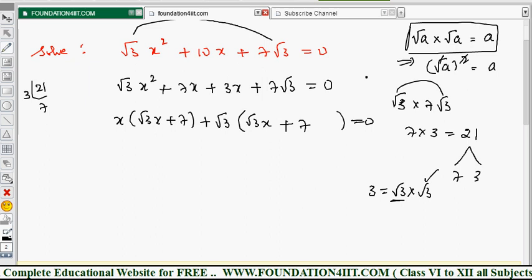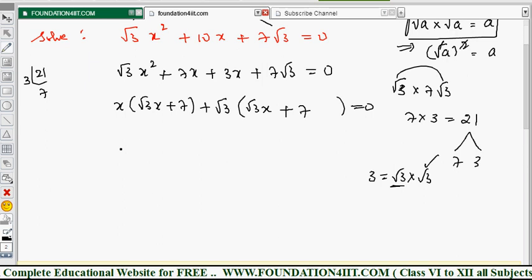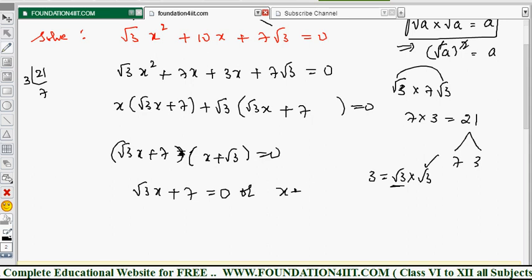Now the problem is simple. Just take root 3x plus 7 is equal to, okay, this is two terms, and one more is x plus root 3 is equal to 0, by using the zero product rule. So root 3x plus 7 is equal to 0 or x plus root 3 is equal to 0.